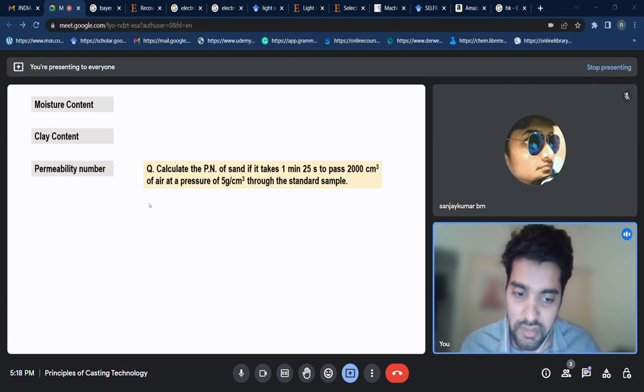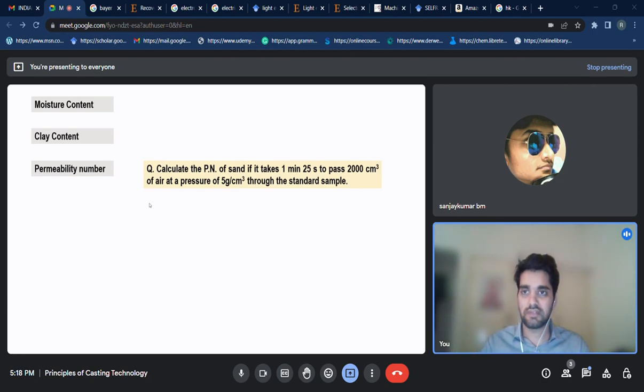Or for fun, we can say it got reduced to 60 gram. Okay, what will be the moisture content in this? Can anyone tell me? From 100 gram, it got reduced to 60 gram. So 40 grams is the moisture content, right? Yeah, 40%.